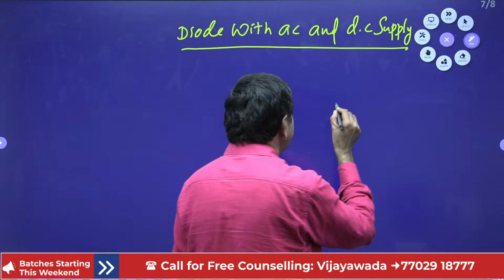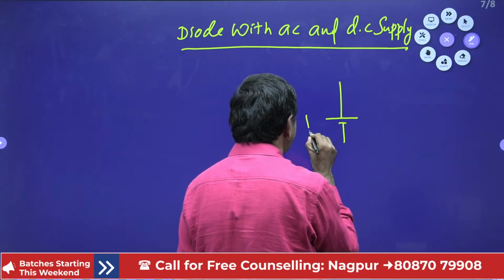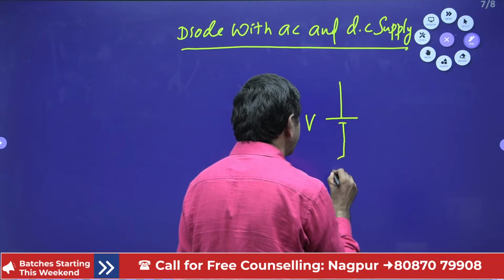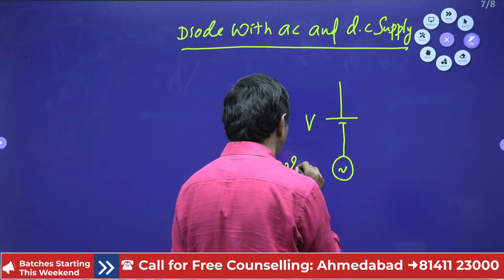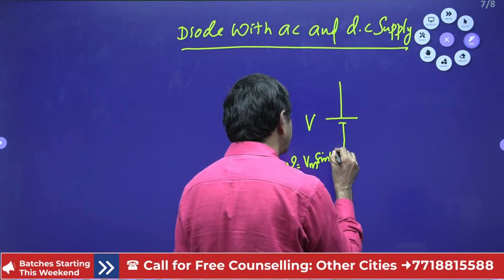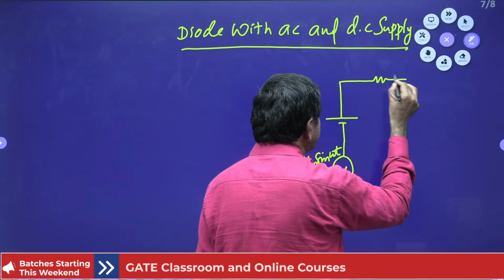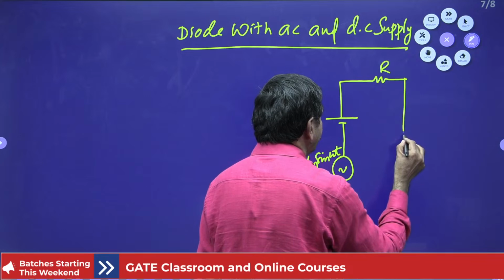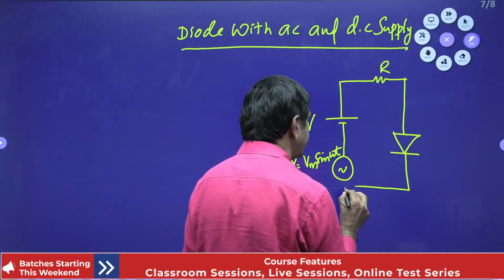Suppose I connect one DC supply here, V. I connect one AC supply here, small v, v equal to Vm sin omega t or cos omega t, anyone. I connect one resistor R and one diode in such a way.